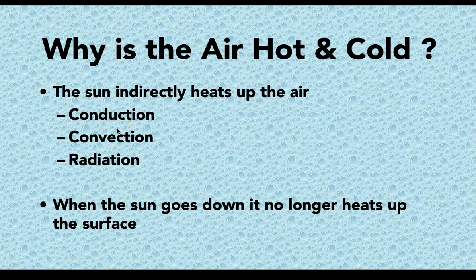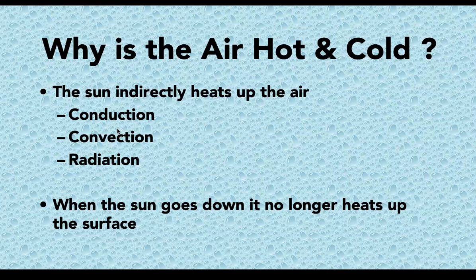Remember, convection is the idea that warm air rises, cold air sinks. So the ground heats up the air through conduction. That air then rises, allowing cooler air to move into its place. And then lastly, we have the process of radiation.